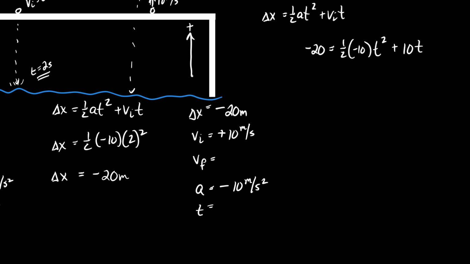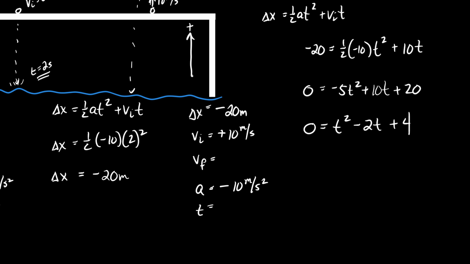I believe that I can solve this for t. I'll move the 20 to the other side and get 0 equals -5t squared plus 10t plus 20. I can divide out by -5 to simplify this, and I'll get t squared minus 2t plus 4.